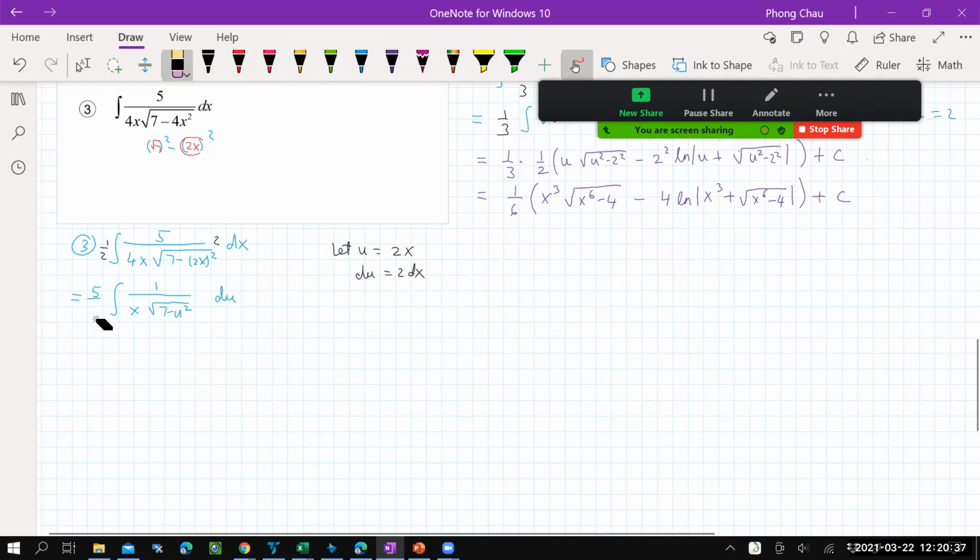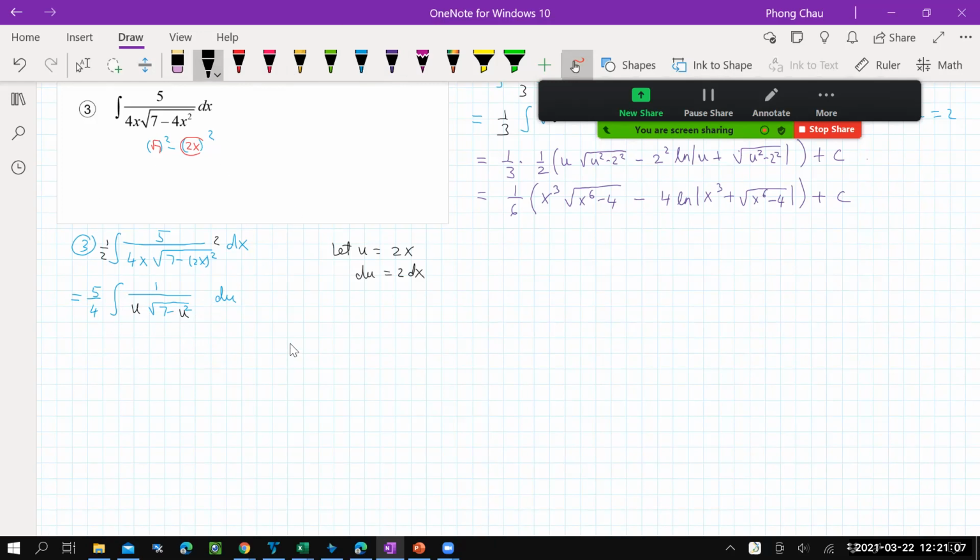Maybe think of this as 5/4, right, times 2x. Okay, so this 2x will turn into a u. So let me change the color. So you can see that becomes u, that's 7 minus u squared.